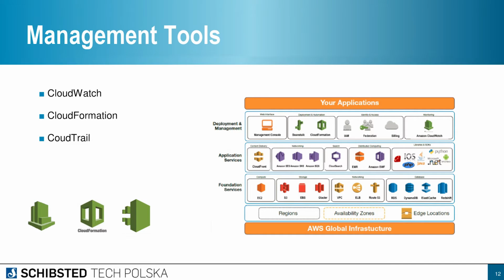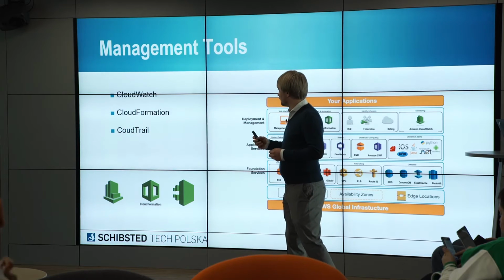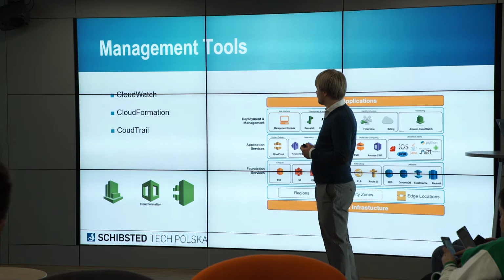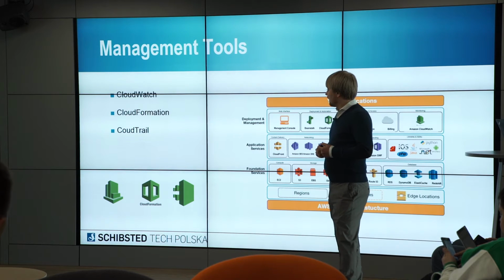This is a kind of metrics service. You may publish metrics to CloudWatch, and CloudWatch keeps those metrics for you, draws charts and this kind of thing. So you may use CloudWatch to measure performance of your applications, of your resources. It integrates well with other Amazon resource services.